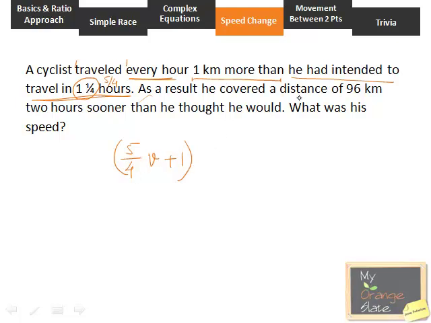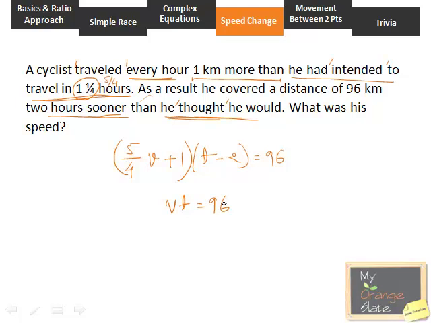As a result, he covered a distance 96 km 2 hours sooner than he thought he would. So if he thought that he would cover the distance in t hours, he covered it 2 hours sooner, that is t minus 2. The other equation we can form is his intended speed and his expected time, that is v into t is equal to 96.